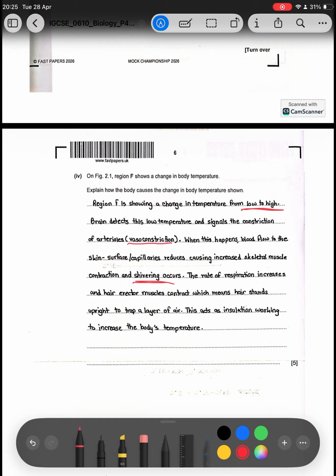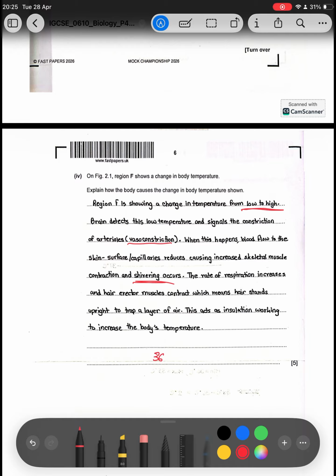So when it falls below 37, this is what happens. And then the rate of respiration increases and hair erector muscles contract, which means hair stands upright to trap a layer of air. And this acts as insulation, working to increase the body's temperature.